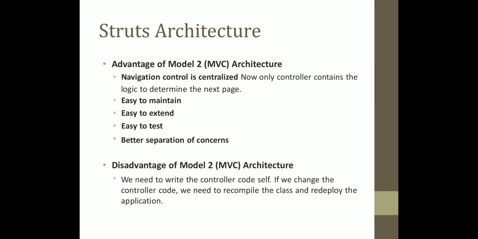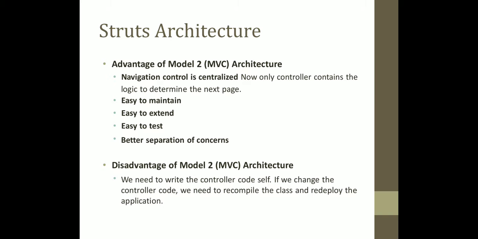And the disadvantages of MVC architecture include that we need to write the controller code ourselves, as this is providing configurable MVC architecture. So we have to write the controller code by ourselves, and if we change the controller code, we need to recompile the class and redeploy the application.